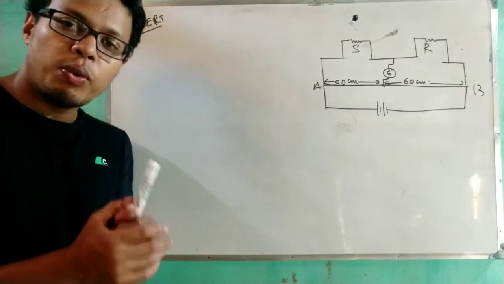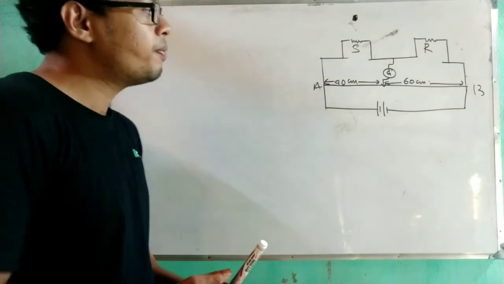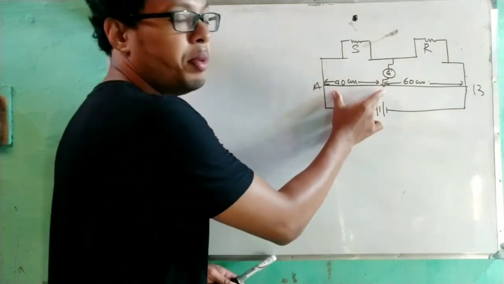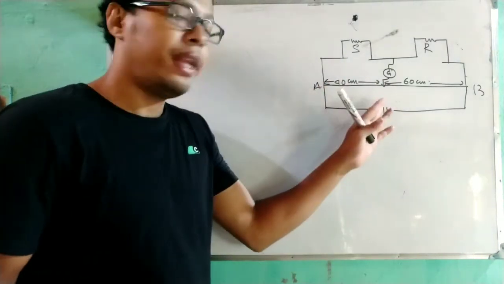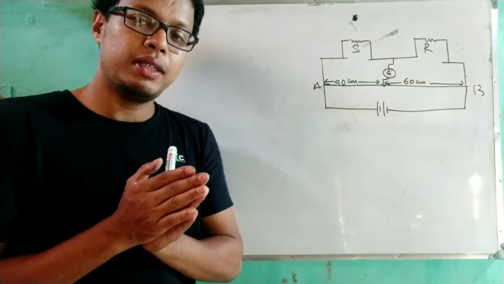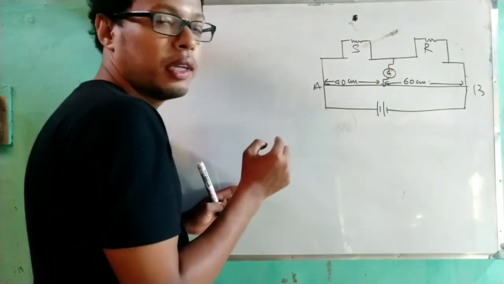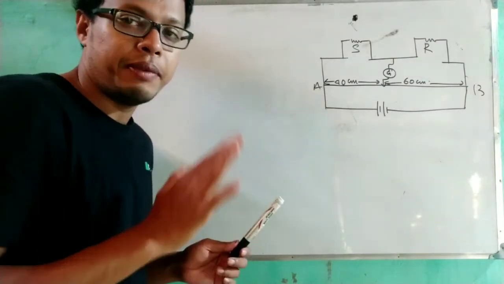Okay. Now one problem I took from NCERT. Here in this problem it is given, in this meter bridge, the null point is obtained at the 40 centimeter mark. And after that it is given, when a 2 ohm resistor is added in parallel with S, the null point shifts to 25 centimeter.